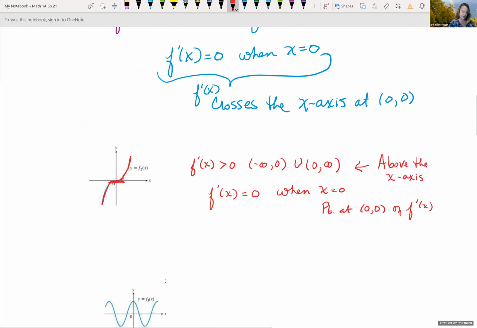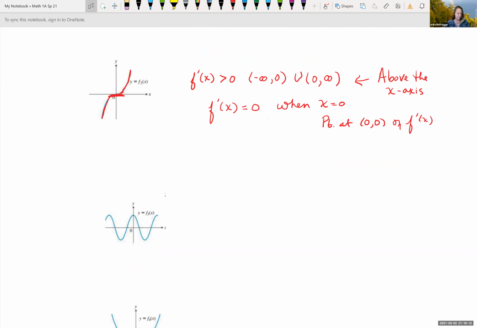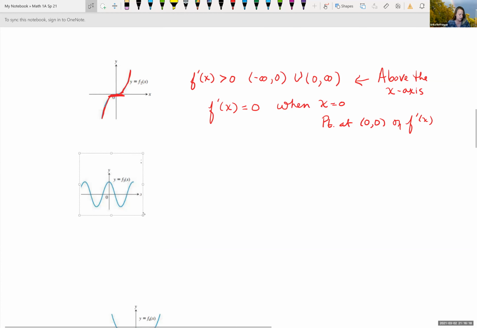So 29, that graph is a wave function, and it looks like the cosine function to me. And it's increasing and decreasing an infinite number of places. So I know that I also have a lot of maxes and mins here. Every time I have a max or a min, that's where the slope of my original function is 0.